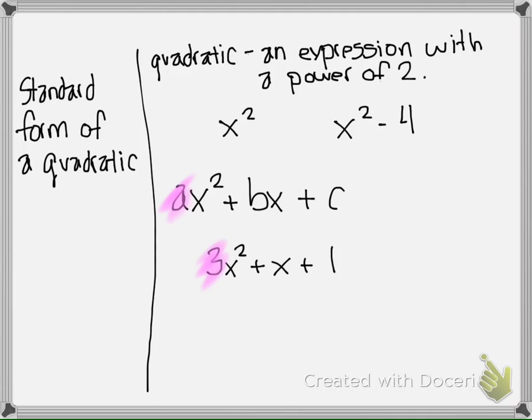That's the coefficient of x squared. Looking at b, we do not have a number there, but we always know there's an invisible 1 as a coefficient if there's no number there. And then c would be your constant, your number all by itself. So a, b, and c.